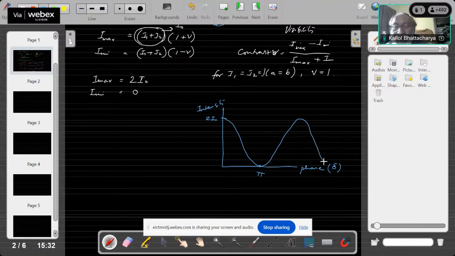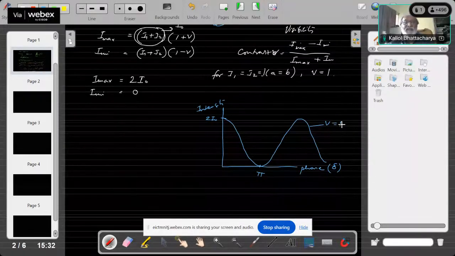This is a 1 plus cos curve or cos square curve. You can express 1 plus cos delta as 2 cos square delta by 2. So this is the curve we get for V equal to 1, that is when the two interfering beams have the same amplitude.